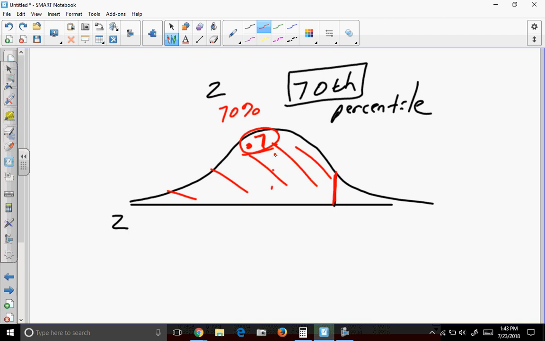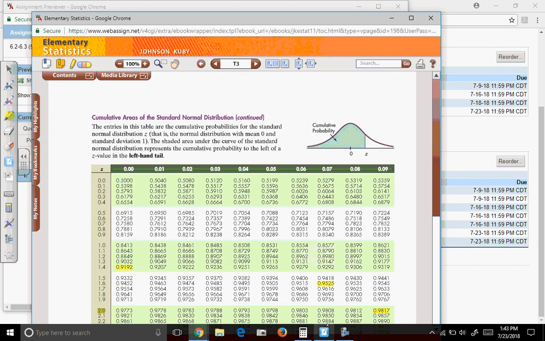This is an area of 0.7, so I'll look in the middle of the table for 0.7. We don't have exactly 0.7, but I'm going to pick the one that's closest, so this one. So we list what z-value corresponds to this area being to the left of that number.